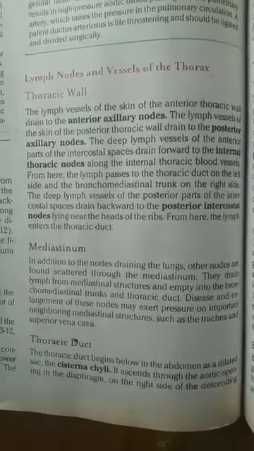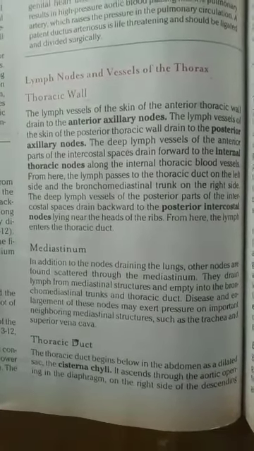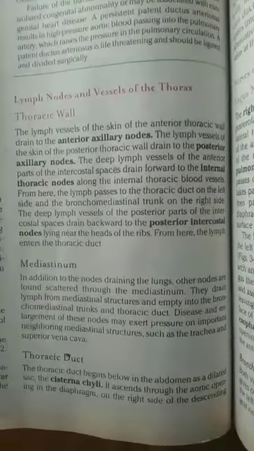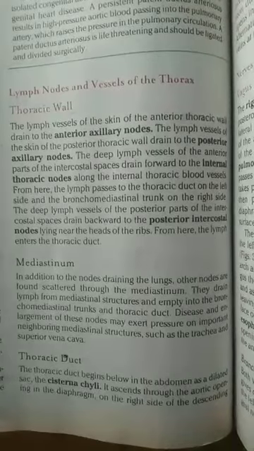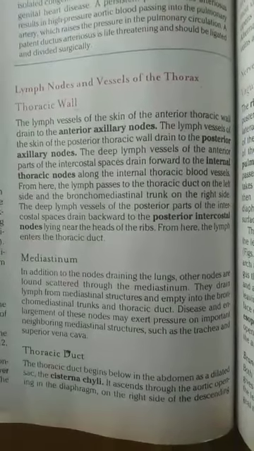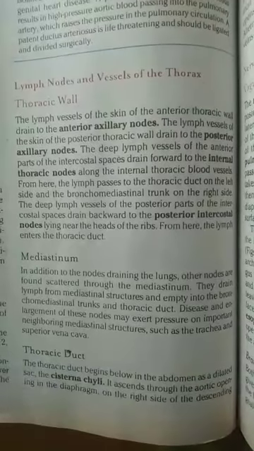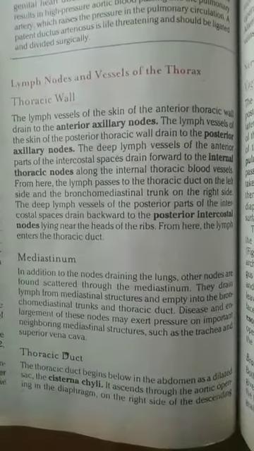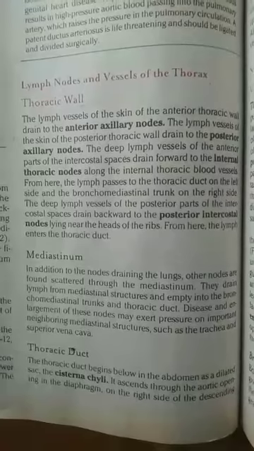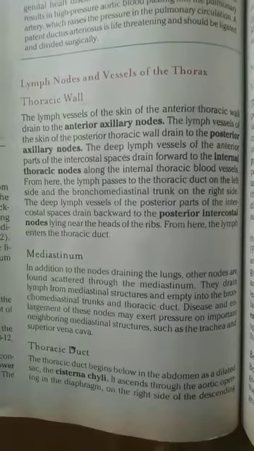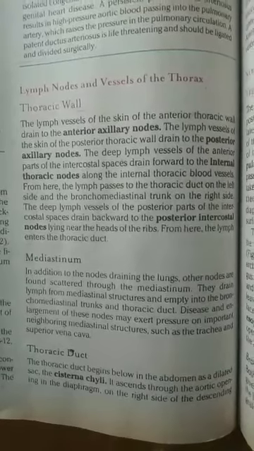The deep lymph vessels of the anterior parts of the intercostal spaces drain forward to the internal thoracic nodes along the internal thoracic blood vessels. From here, the lymph passes to the thoracic duct on the left side and the bronchomediastinal trunk on the right side.